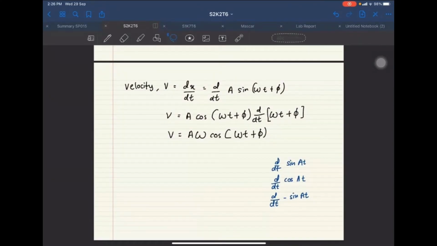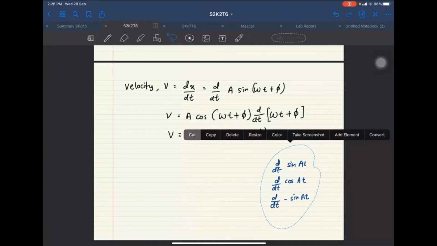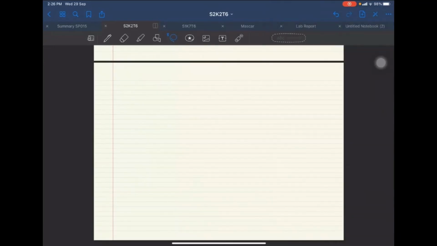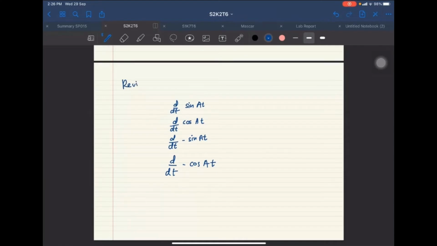Maybe saya tulis kat page baru kot. D dt negative cos AT. So this one is just a recap, revision.